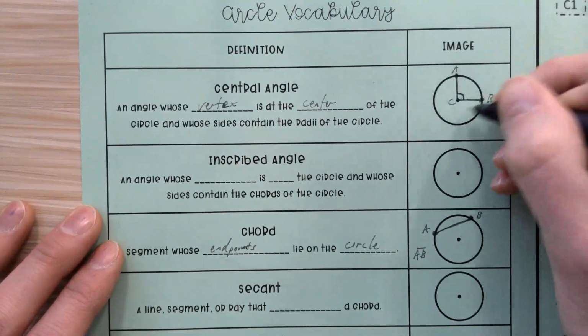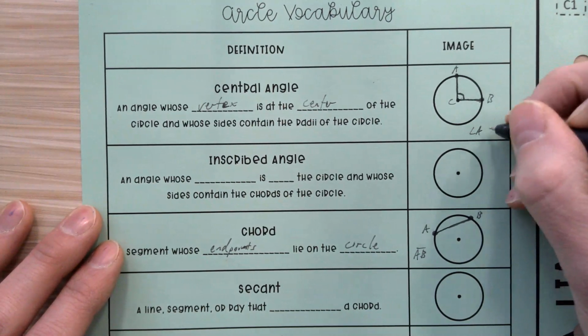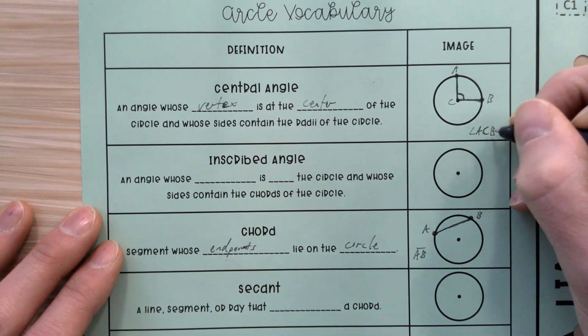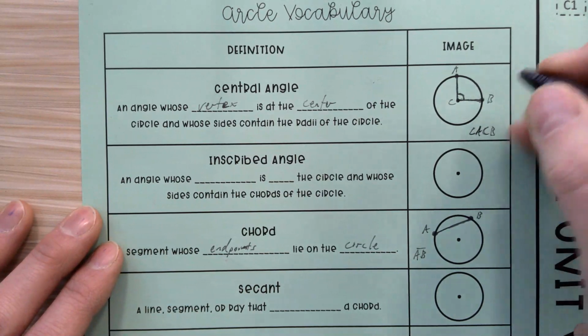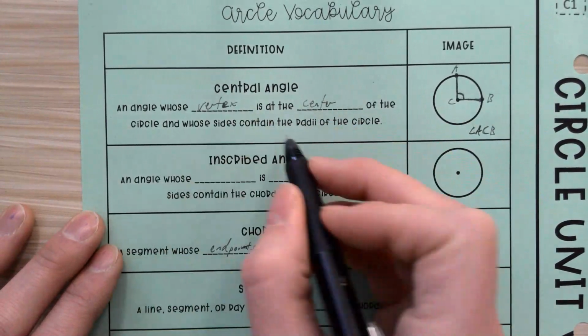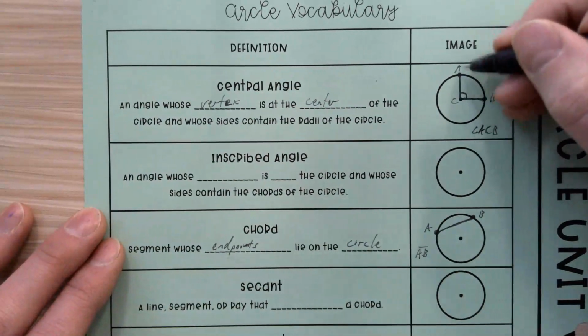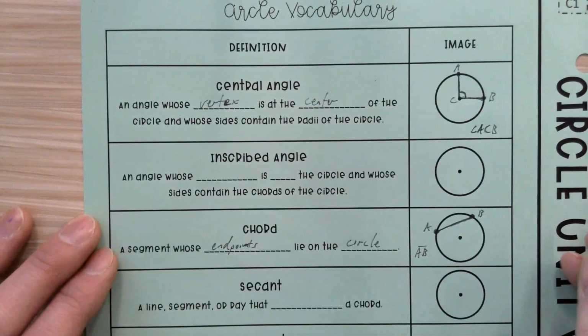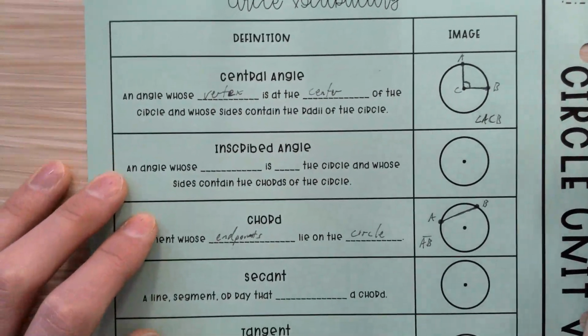We can name it just like we name any angle, angle ACB. But the important thing about this central angle is that the vertex, C, is at the center of the circle, and the radii are the sides of that angle.